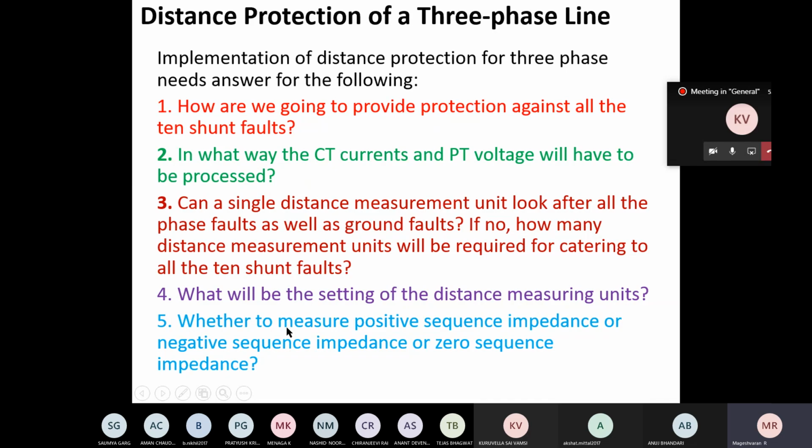Simply I told impedance or reactance. But now the question is, in case of a line to ground fault, double line fault or double line to ground fault, all are categorized as unsymmetrical faults. During unsymmetrical faults, we find the current using sequence components.